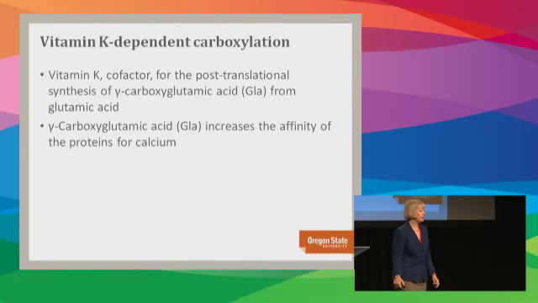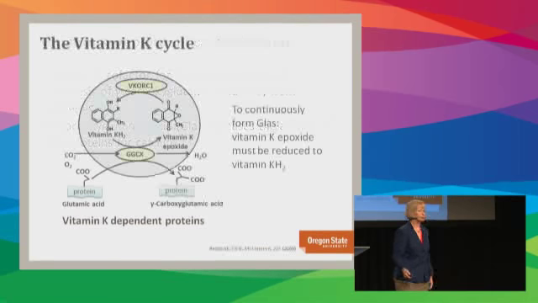Vitamin K is involved in carboxylation of vitamin K-dependent proteins. These proteins have very specific glutamic acids that get gamma carboxylated, and they're called GLAs. And those GLAs are involved in calcium chelation.